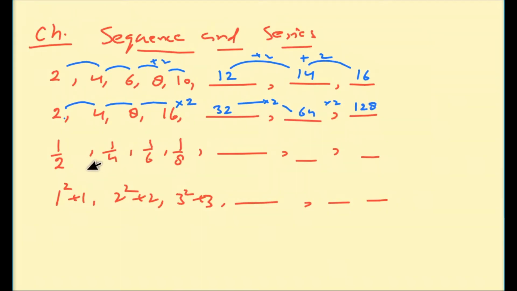Now you can see this one is adding 2 in the denominator, so we get here 1 upon 10, then adding 2 to the denominator we get 1 upon 12, 1 upon 14, and so on.